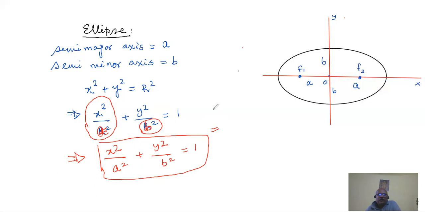If you see the equation elsewhere, then you should recognize that yes, that is the equation of an ellipse. For that, I created some funny stories, which I have presented to you. So x square by a square plus y square by b square equal to 1. That is the equation of an ellipse.